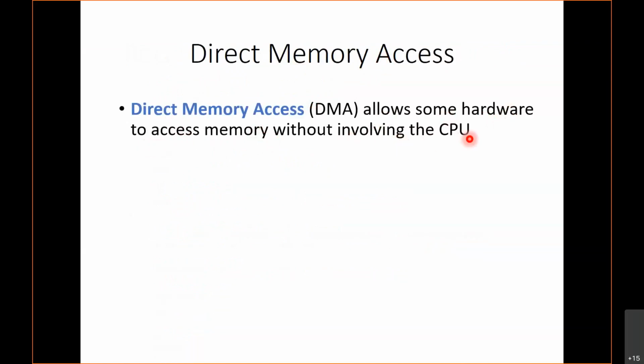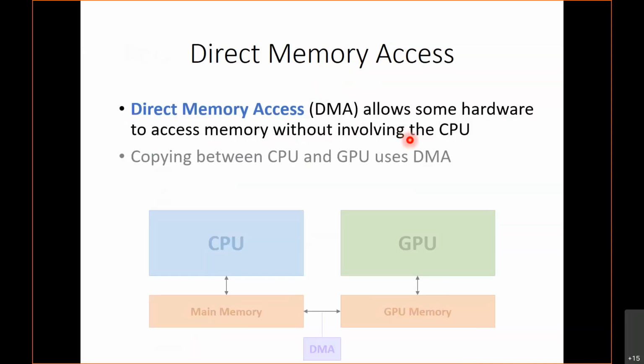Whenever we say that something in the hardware has DMA access, it means that it can access the main memory of the CPU, or some other memory, without involving the CPU. And copying between CPU and GPU actually uses DMA.